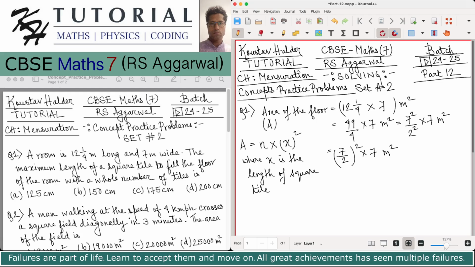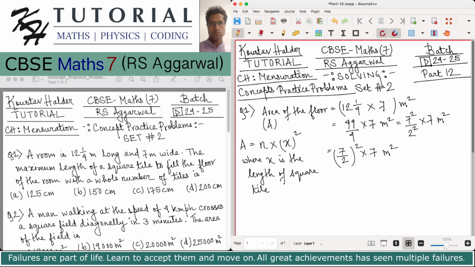So if we can somehow express the area of the floor, which is 49 by 4 multiplied by 7, in the form of n multiplied by x square, then we can find n and x, so that x is maximum. X has to be maximum. Okay, now x square multiplied by n.